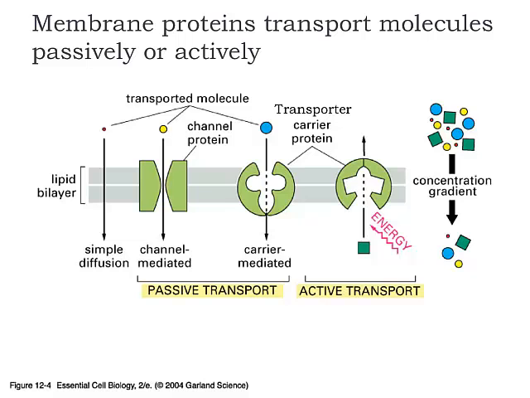So there are really two types of transport that occur with the help of proteins. There's passive transport, which doesn't require energy, and active transport, which does require energy. And in both cases, they're transmembrane proteins that are aiding in these processes.